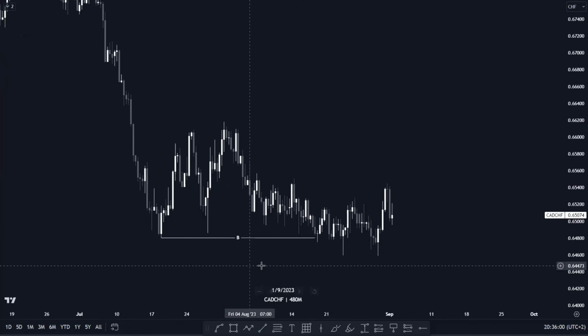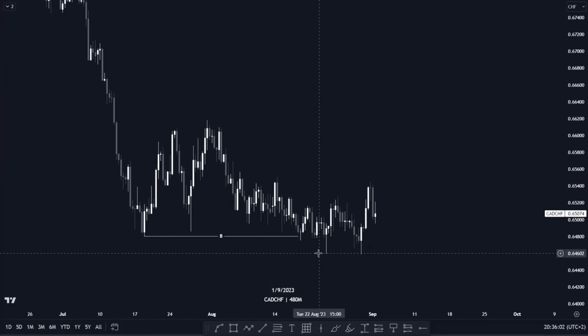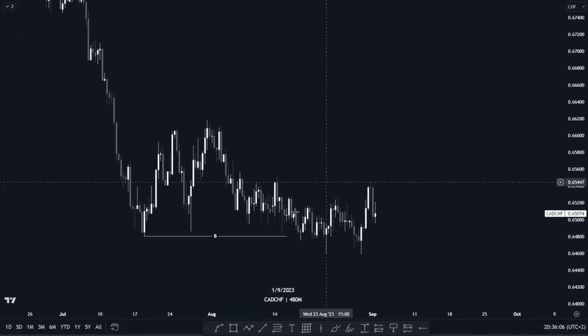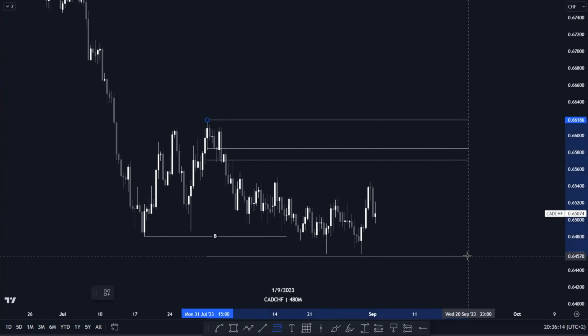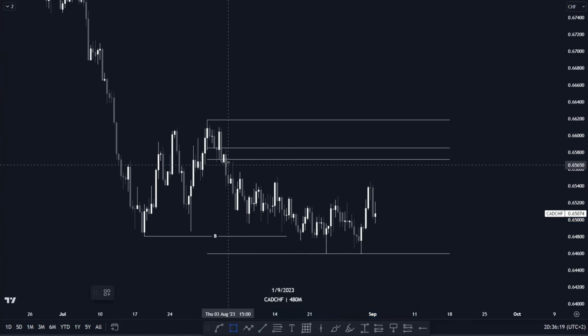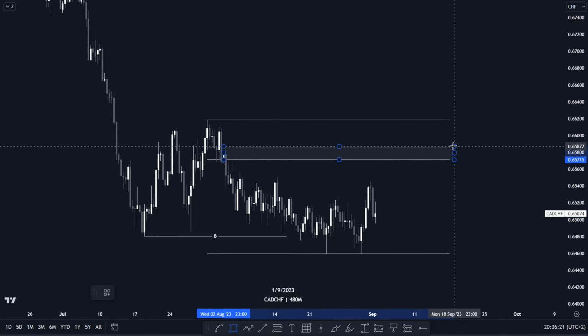So now you're going to look for your buying opportunities from this area here to your golden zone level. So this is what you have.